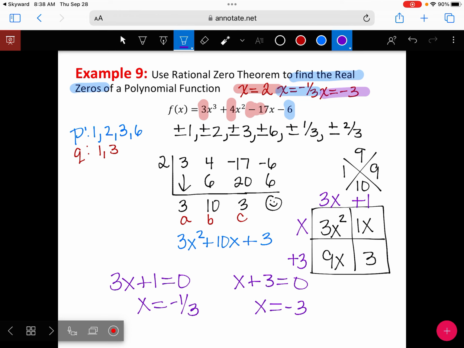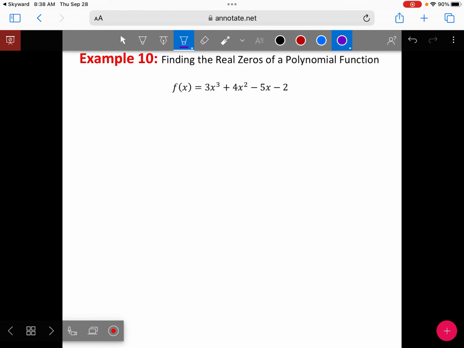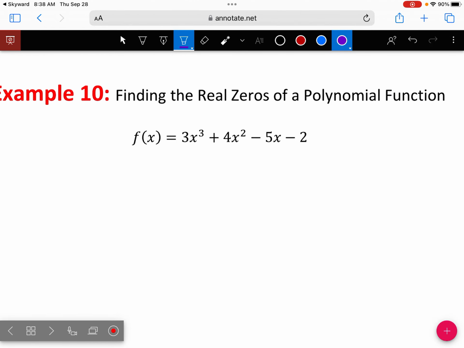So what I want you to do for this next question is start off by finding a list of your possibilities. So we have P over Q. Go ahead and list your functions.